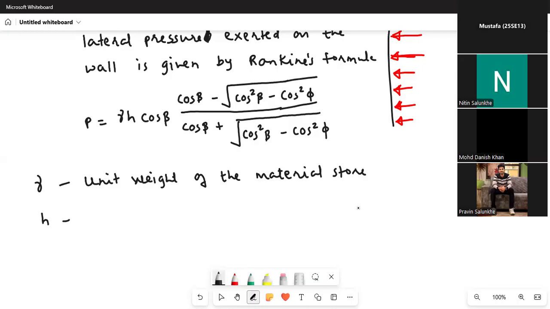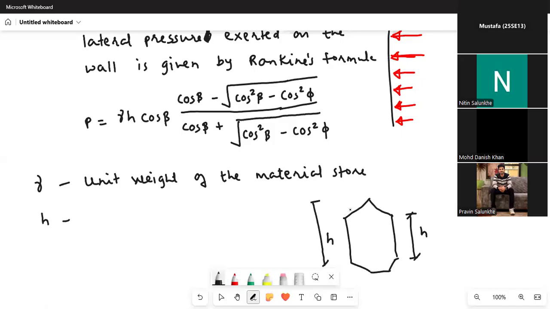Okay, so if this is your bin, if this is your bunker, this will be the H. If the stored material is like this, then this will be your H. No, it will not always be horizontal.